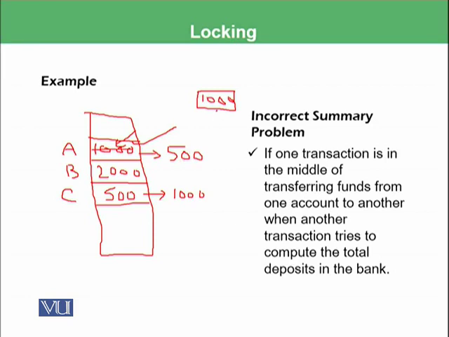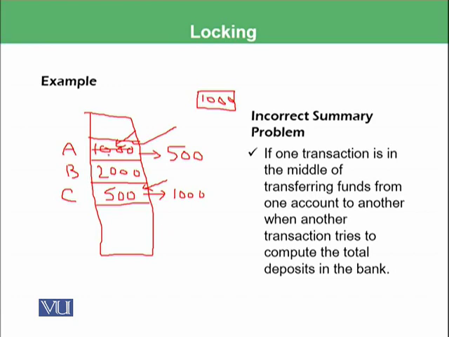But the 500 which has been decremented from account A has not been put into account C. At that time, if one transaction tries to identify the summary of the amount we are holding in the bank accounts, that would be wrong.